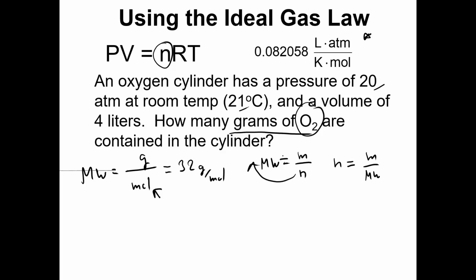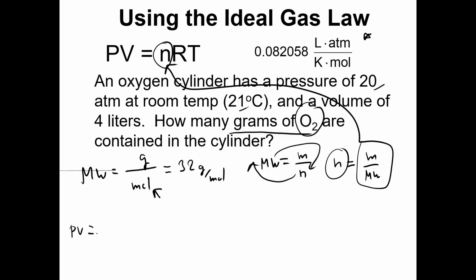I brought this over here and then I divided it. Just a little bit of algebra. And so then I can take that N and replace that in this formula. So what I get is PV equals m over molecular weight times R times T.